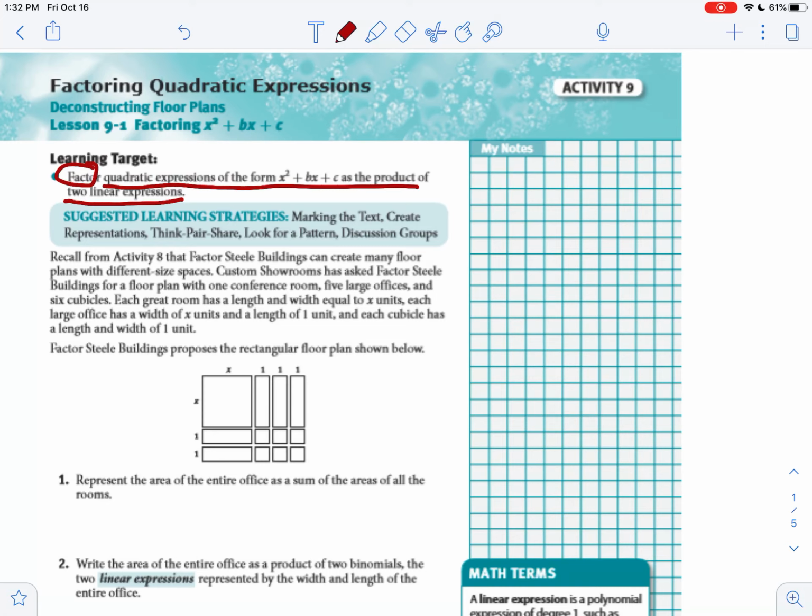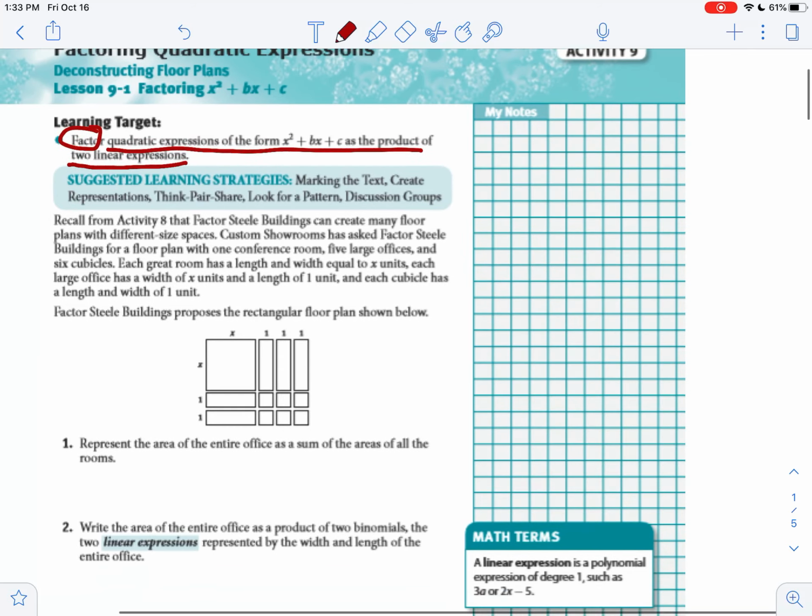So recall from activity 8 where we had this factory steel building, and we also know from working with the algebra tile examples how we can represent the area of the entire office building as a sum of all the areas. So if you remember x by x, the big tile is x squared, and the next size tiles are x by 1, so they're each x, and then of course the smaller cubicles are represented by 1 unit.